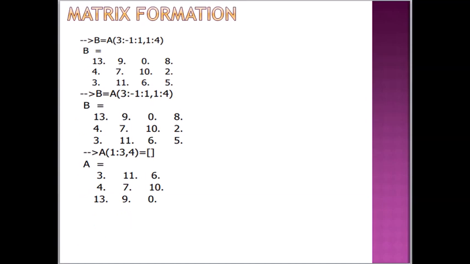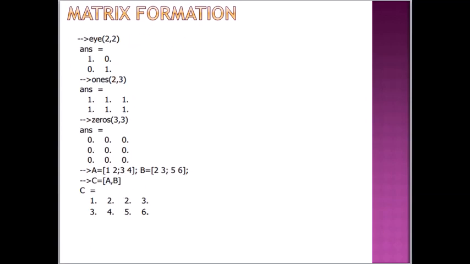Similarly, if we write the matrix again, B is equal to this type of matrix we will get here. We defined the A matrix in our previous slide, then we get such relations. Matrix formation.